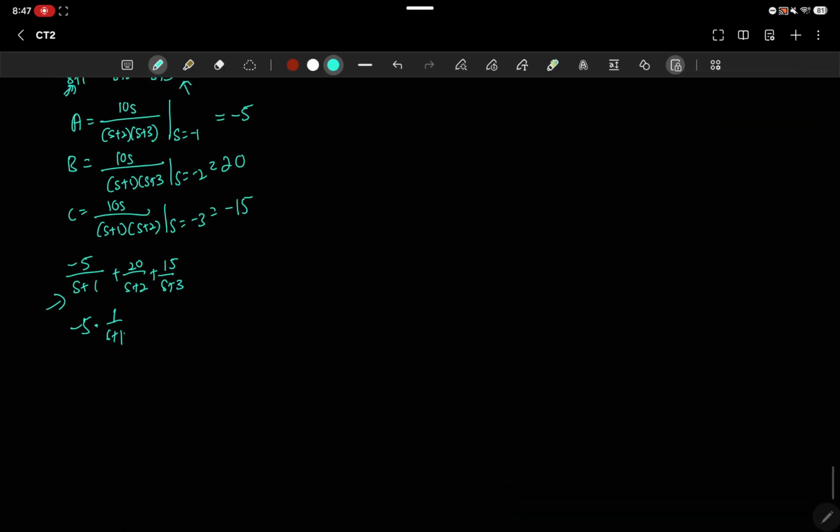If you do the inverse Laplace, remember you need to have this sort of stuff, so if you don't have it, you'll lose marks. So negative 5e^(-t) plus 20e^(-2t) minus 15e^(-3t), times u(t). So this is the answer.